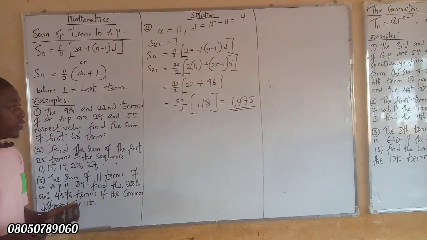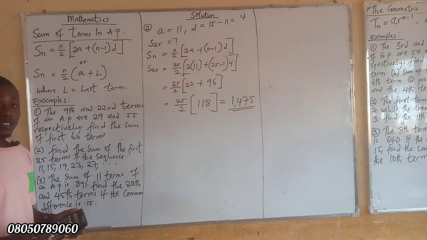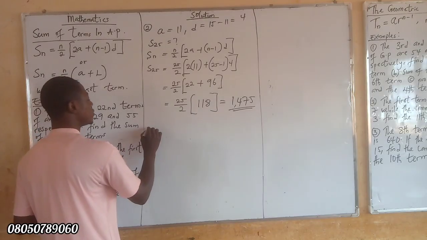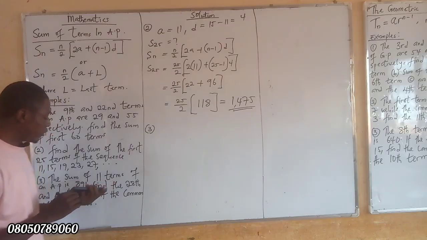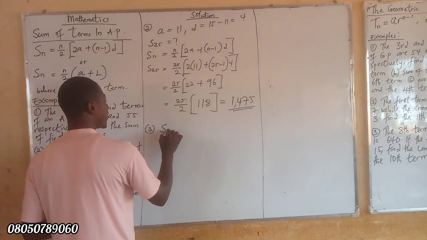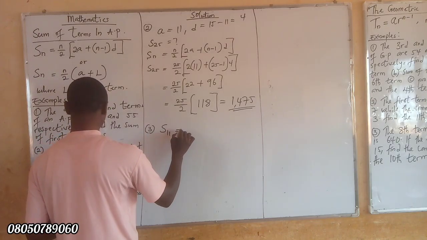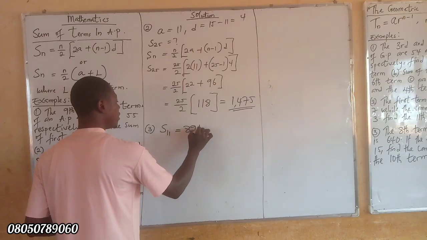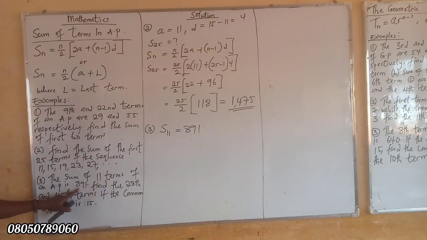We have finished solving this second question. Now question 3, very fast. Look at question 3. The sum of 11 terms of an AP is 891. So in this question 3, S11 is given to be 891. That is, the sum is given.